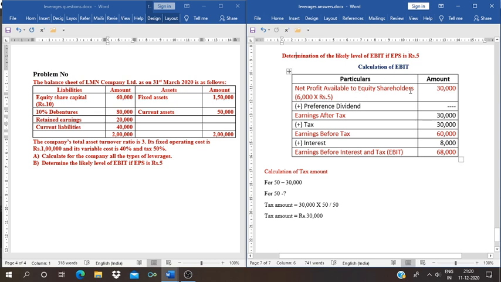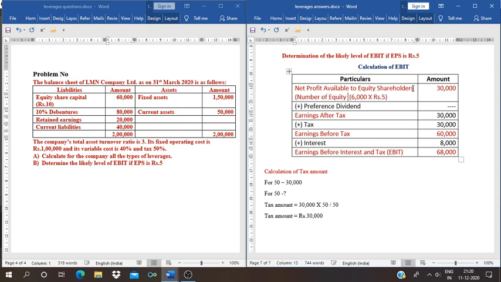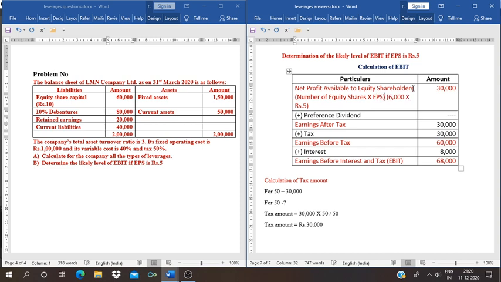Now, the number of equity shares we have already calculated: 60,000 divided by 10, that is 6,000. And it is already given in the problem that we have to calculate the EBIT when EPS is 5. Okay. 6,000 into 5, 30,000.